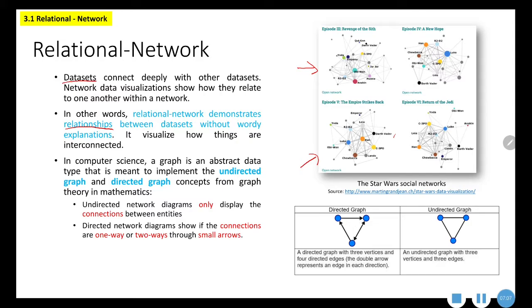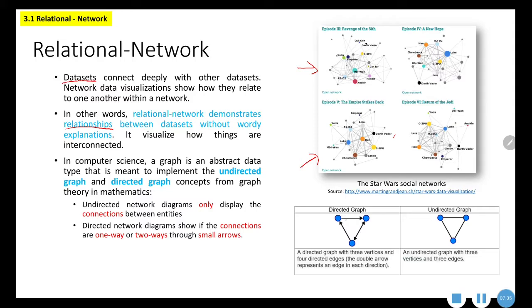For the directed graph, directed network diagrams show if the connections are one way or two ways through small arrows. This is the explanation for directed graph. It consists of three vertices, and the line connects from one node to another node.